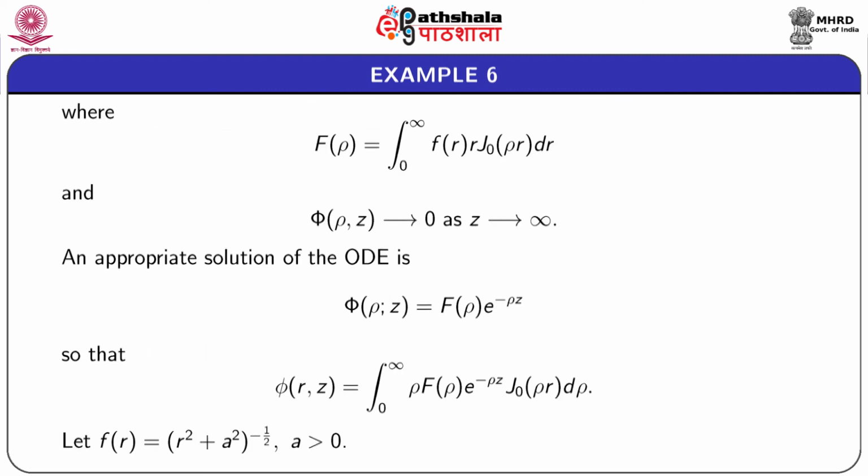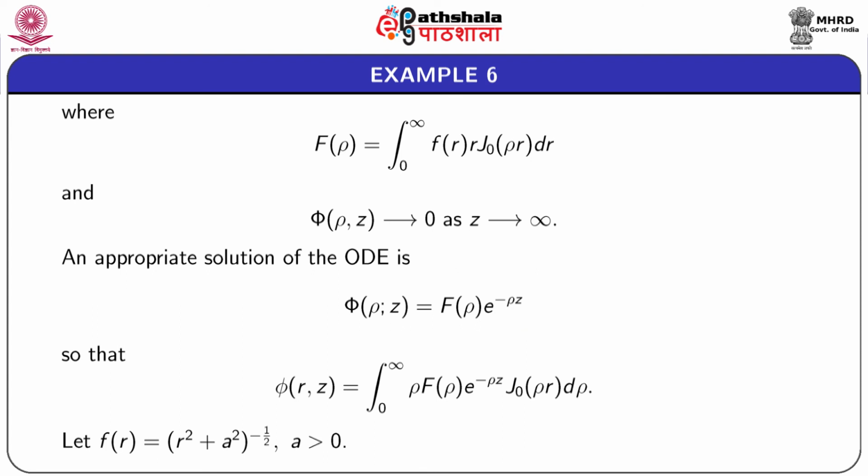And also we see that capital phi of rho, z tends to 0 as z tends to infinity. Now, the appropriate solution of this ODE satisfying this boundary condition is given by capital phi of rho, z equal to capital F of rho e to the power minus rho z.